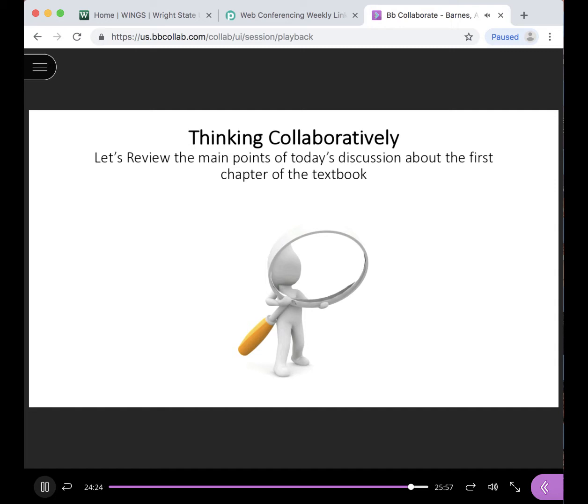And lastly, a community of inquiry is imperative for thinking collaboratively. You have to have a supportive community of people working towards a goal, or at least who are open-minded and willing to facilitate discussion on different areas.